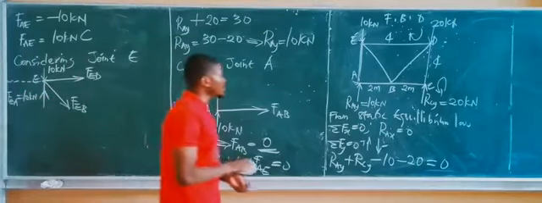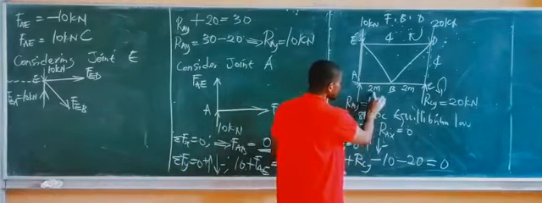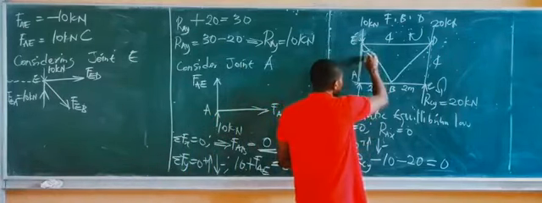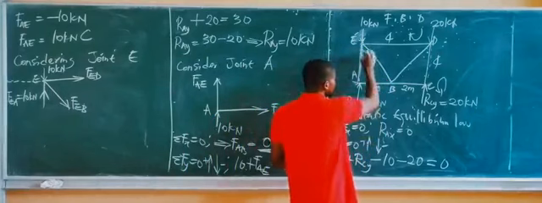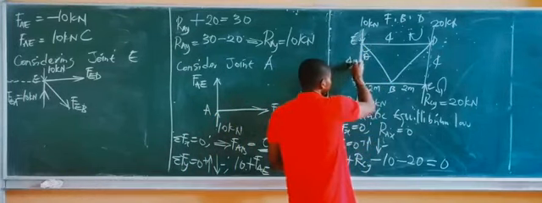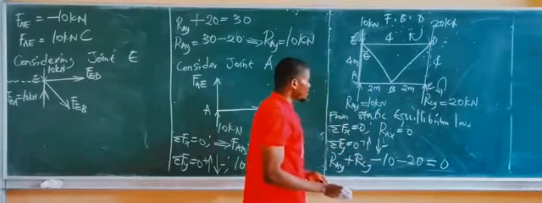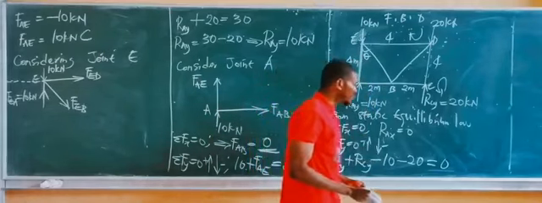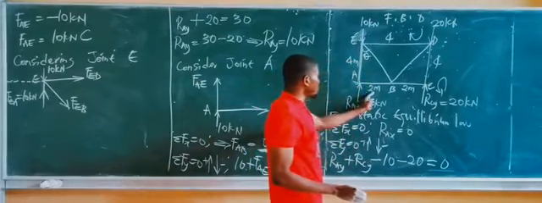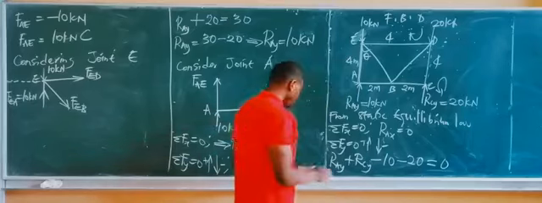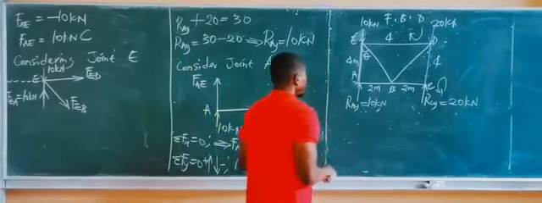To do that, let's call this angle theta. This is 2 meters and this is 4 meters. The adjacent side is 4 meters. So we employ our trigonometric analysis. Tan theta is simply opposite over adjacent.